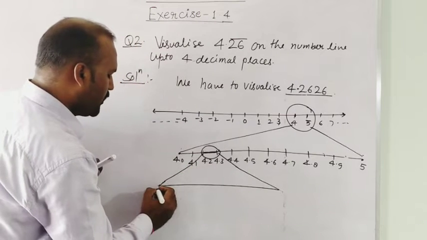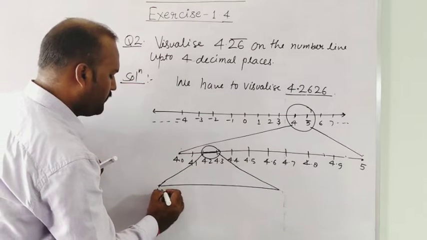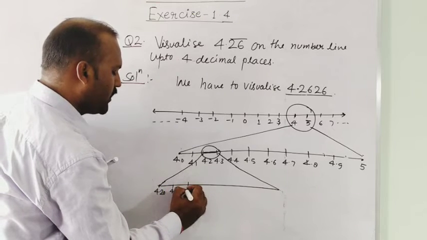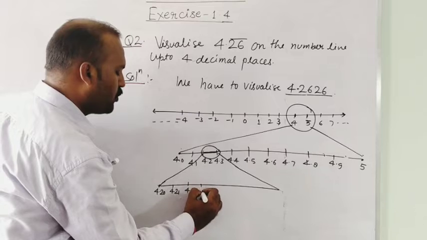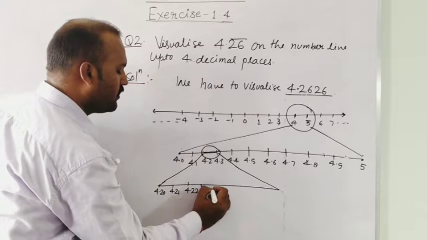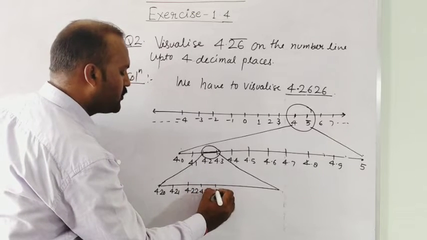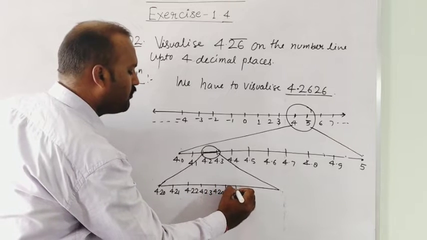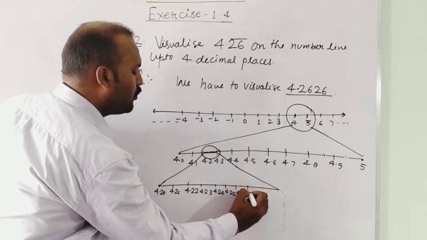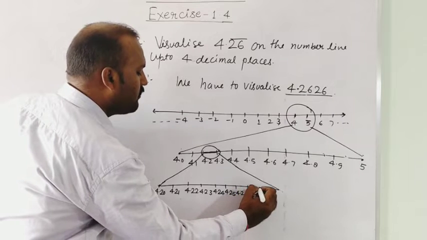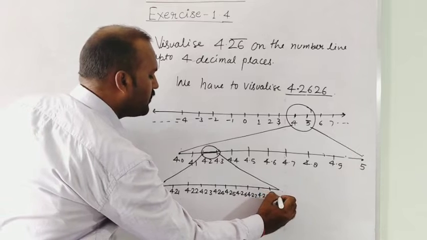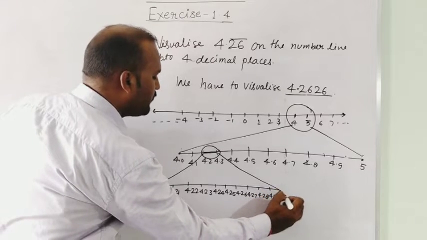Here 4.2, write 4.20, 4.21, 4.22, 4.23, 4.24, 4.25, 4.26, 4.27, 4.28, 4.29 and 5, the last value being 5.0.